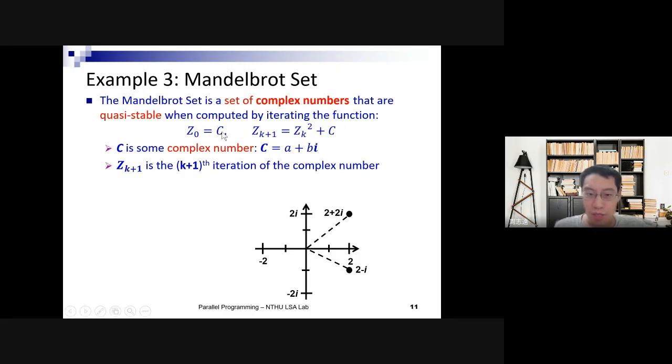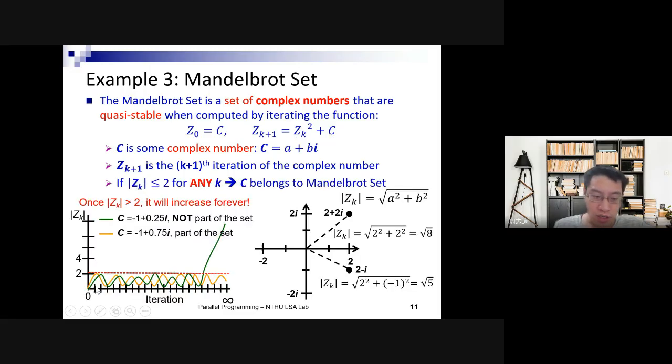We try to determine whether it's within the Mandelbrot set or outside the Mandelbrot set. The way to identify it is we repeatedly compute it by this equation. You can imagine, as shown over here, this is the iteration in our computation, and the y-axis is the absolute value of a complex number, which means the distance to the 0 point.